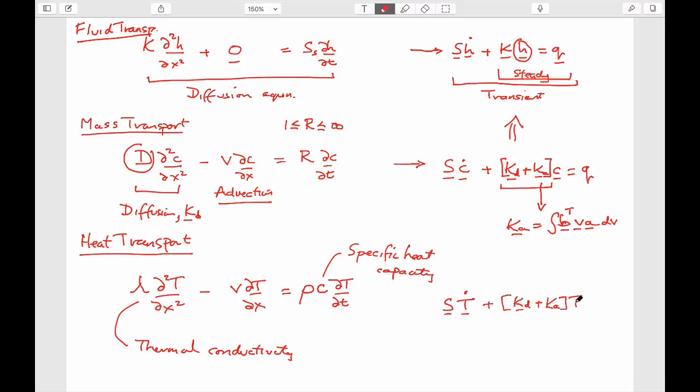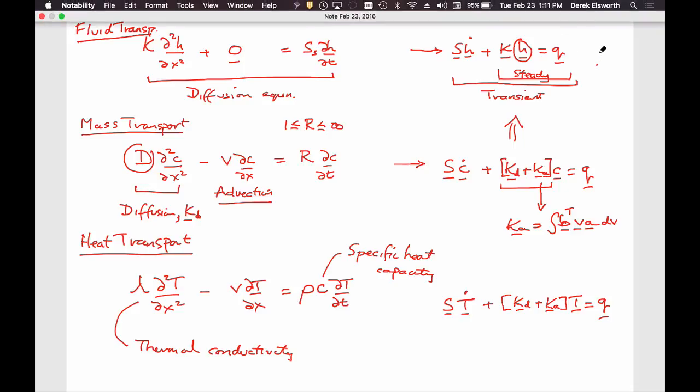Again, nodal values of temperatures for each of these, and boundary condition fluxes, which are heat fluxes. And so they end up being identical to each other. So that's kind of closing the circle at least a little bit in terms of making the point that the reason that these finite element codes can deal with this multi-physics is that the equations start looking similar to each other. We also know that the forms of these individual expressions, so I was going to do this.